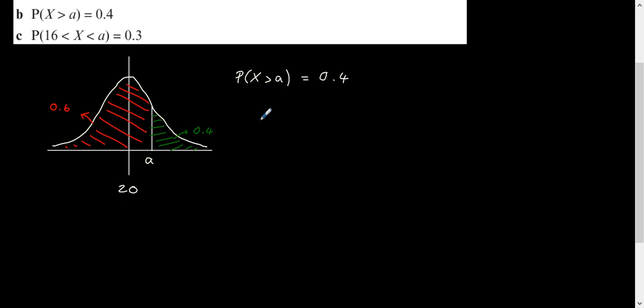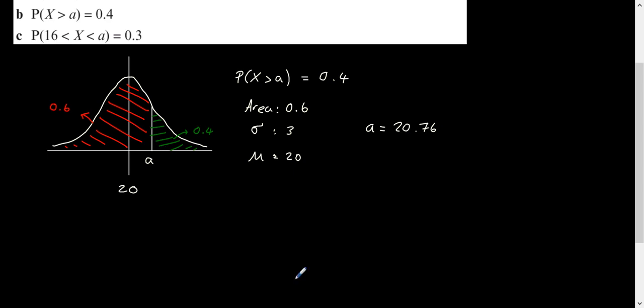So on your inverse normal, in the class whiz this is, you're going to type in area 0.6, you're going to type in sigma 3, and you're going to type in mu 20. And when we do that to 2 decimal places, a is equal to 20.76. And again, that's correct. It's to the right of 20, which is what we were expecting.